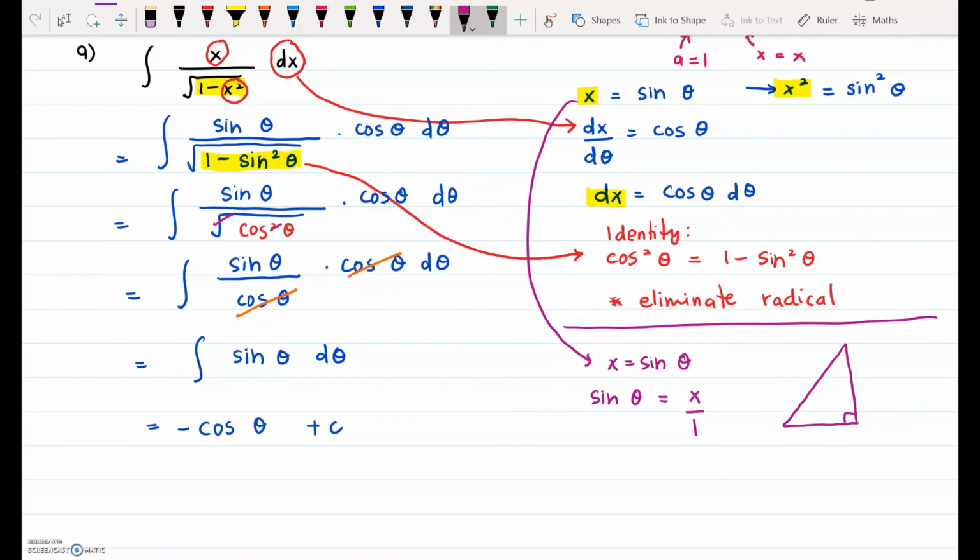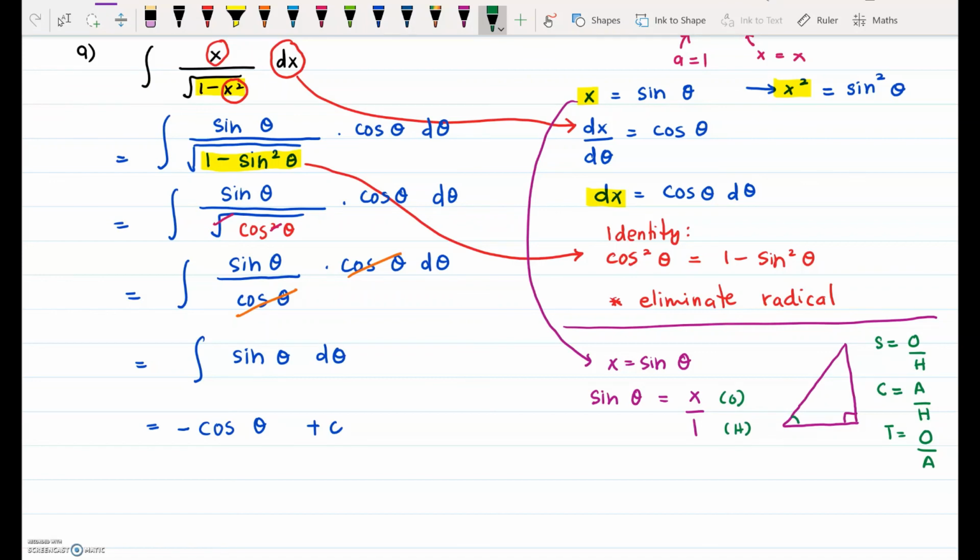So we have the trigonometric formulas: sine equals opposite over hypotenuse, cos equals adjacent over hypotenuse, and tangent is opposite over adjacent, right? Here we have sine theta is x over 1, where x is the opposite and 1 is the hypotenuse.